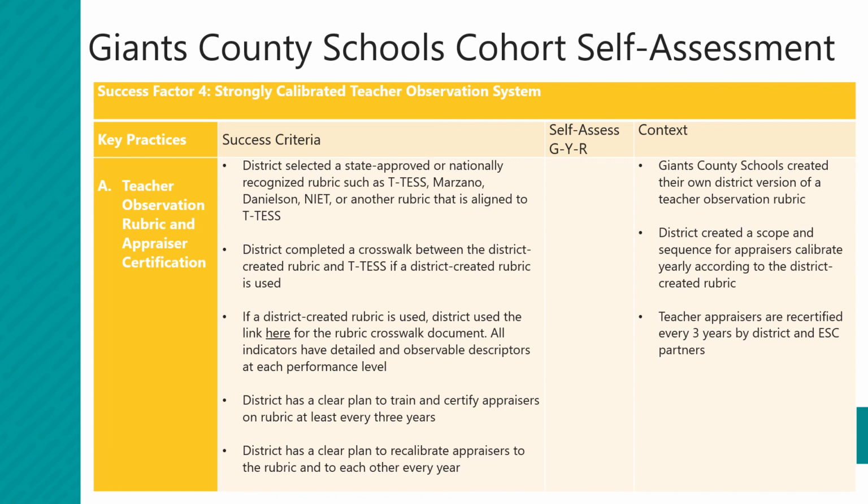However, the majority of the success criteria and context is yellow because they do not exactly match. We know that Giants County Schools has their own observation rubric. However, we do not believe that it is aligned to T-Test because there's no evidence of that in the context. So that's yellow. And it's green when it is in regard to calibration and recertification because the years match.